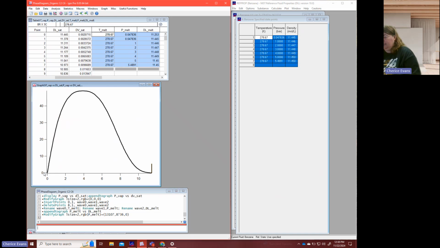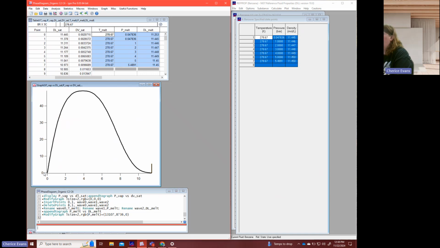And that's true for a lot of systems: the sublimation line is not really something to panic about because it's usually so small. The only time you really need to worry about the sublimation line is if the triple point pressure is like 1 bar or higher.